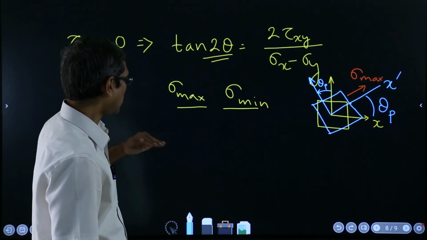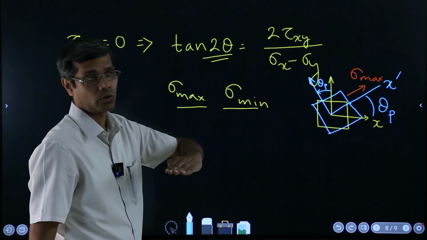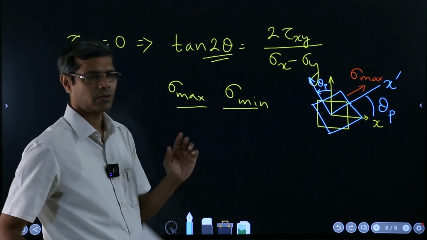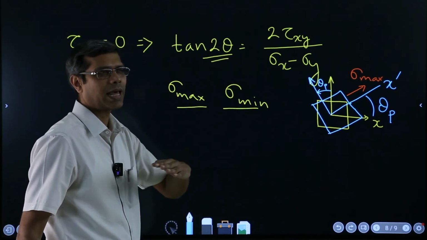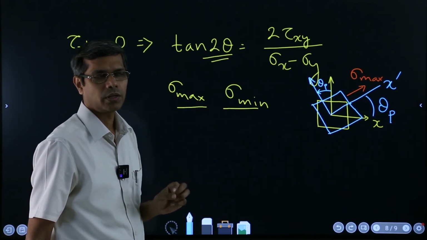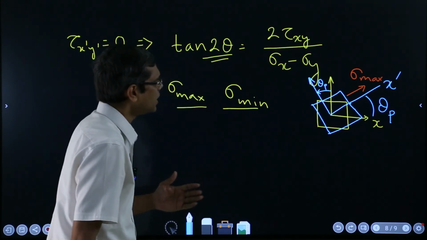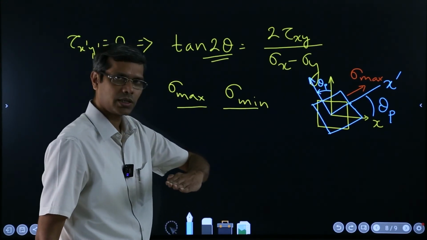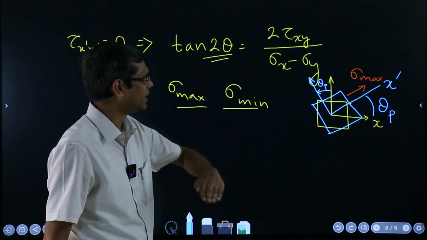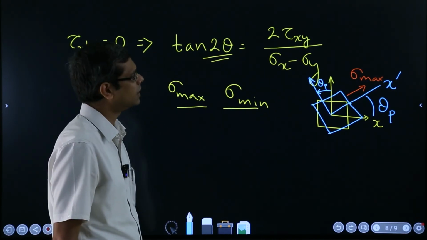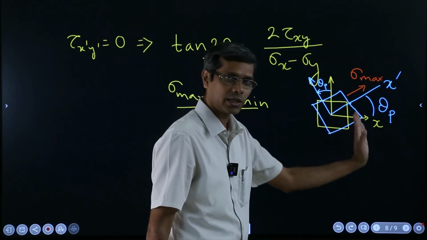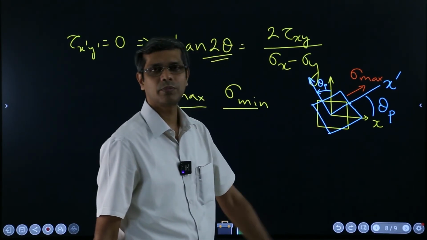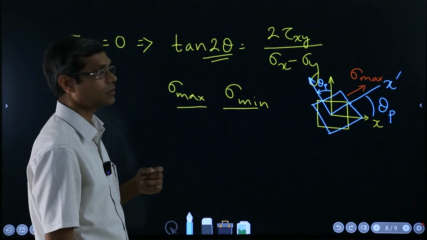That means from the original orientation, and when I say original, you can always map it to the direction in which you had put the strain gauges, okay. So from the original orientation, if you turn by theta p, you will come to the orientation on which the maximum normal stress is occurring.